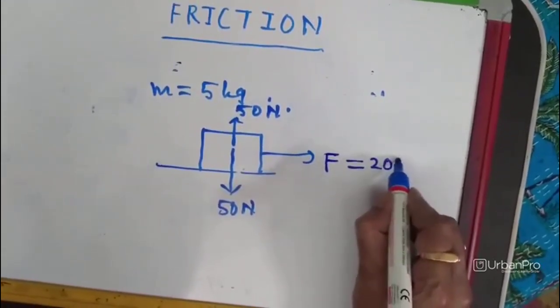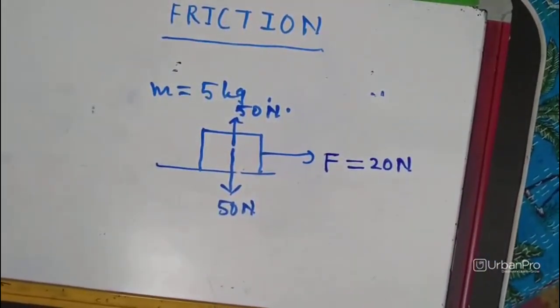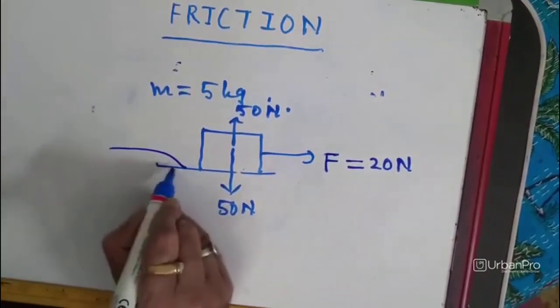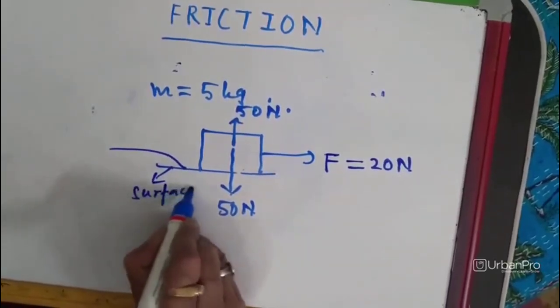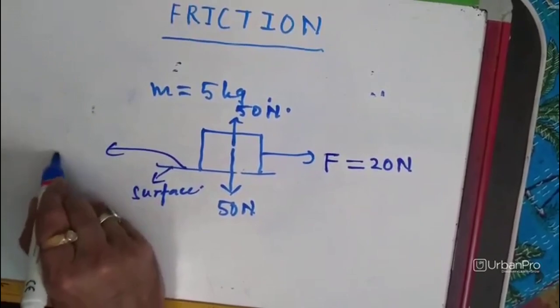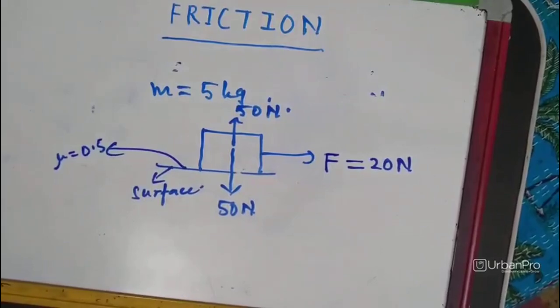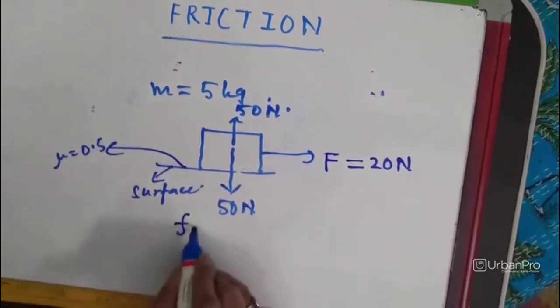Now supposing you are being asked to pull it with an external force of 20 Newton, and the coefficient of friction between the block and the surface is, let us say, 0.5. So what is the friction limiting in this case?